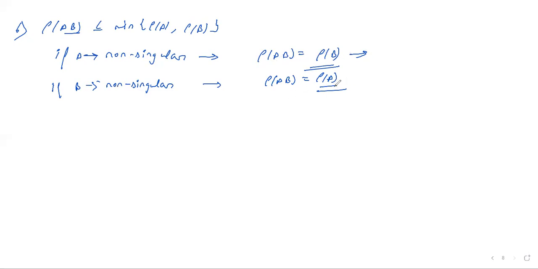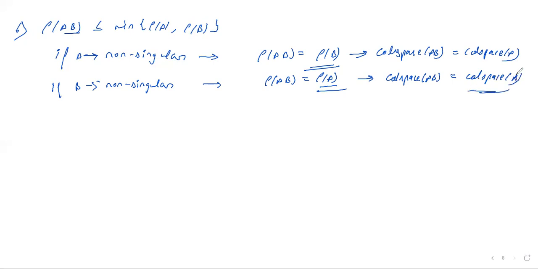So these are basically the properties, because in this case, if we look at the column space concept, the column space of AB is equal to the column space of A. This is what we have done in the column space also.